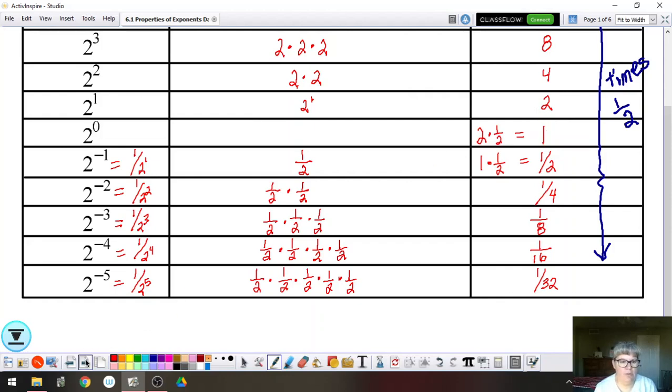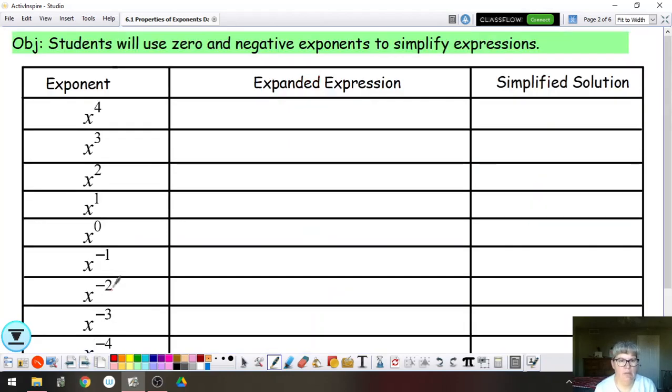Now we can also look at this from a general situation. So x to the first in expanded form is just x. x squared is x times x, so simplified, that is x squared. x cubed, expanded form, is x times x times x.